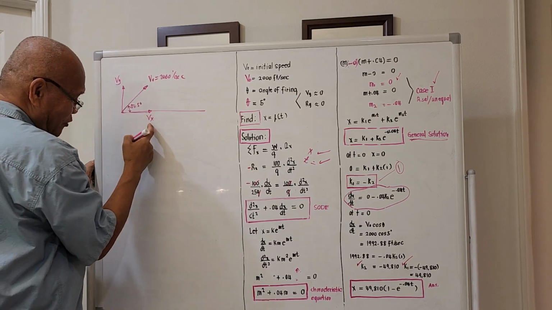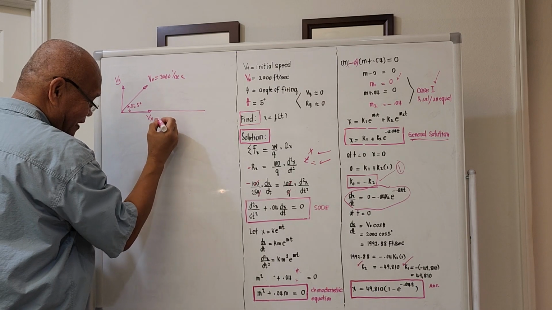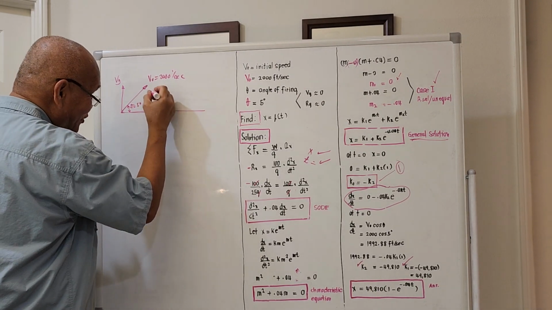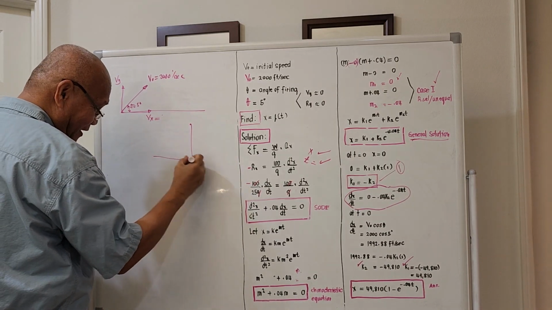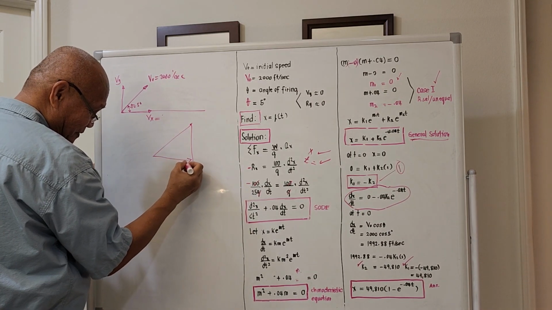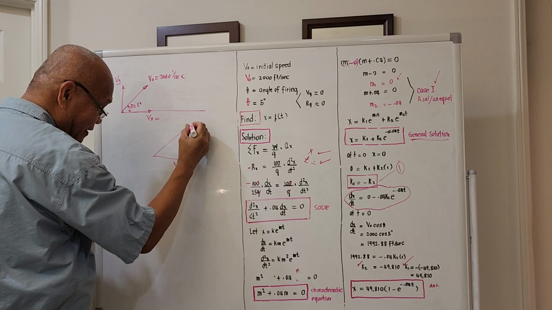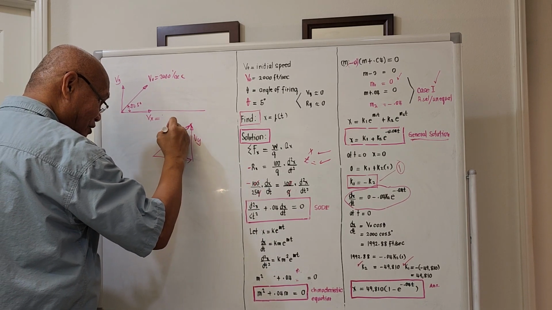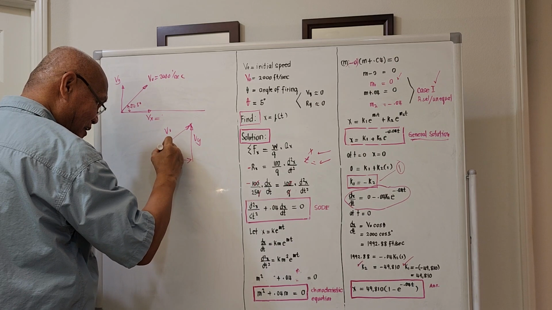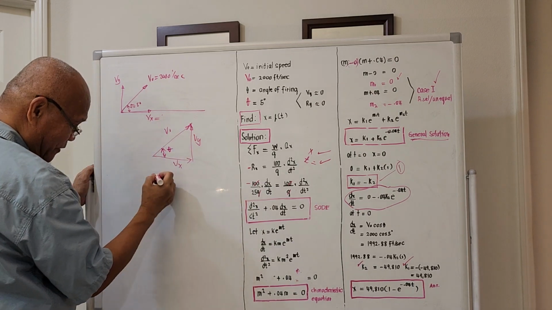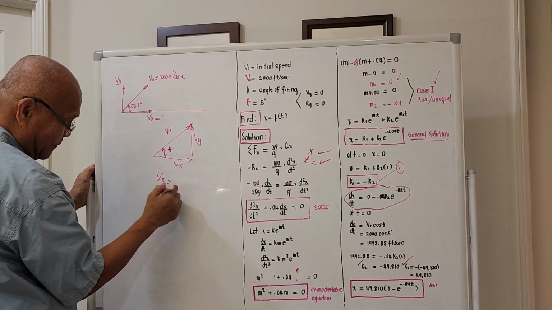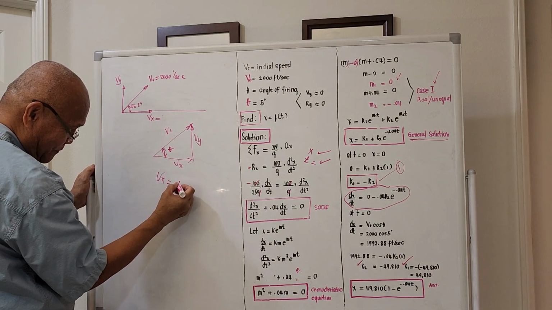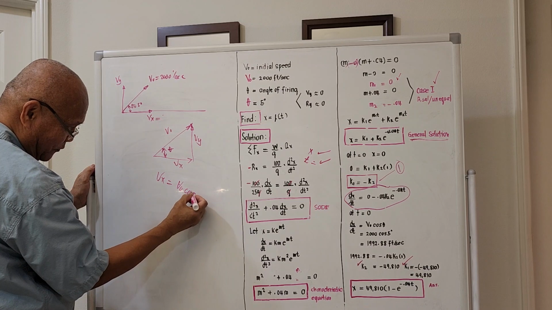So if we now try to compute for vx, we are given a right triangle. This is vx, this is vy, the hypotenuse is v0, and this is angle theta. So vx obviously is the hypotenuse times the cosine of theta. It is v0 cosine theta.